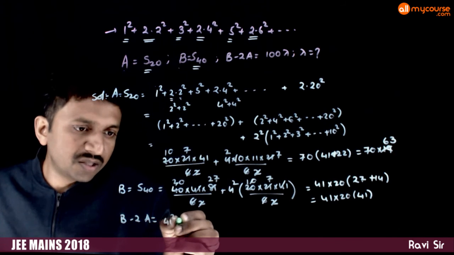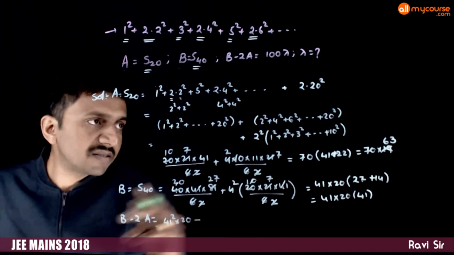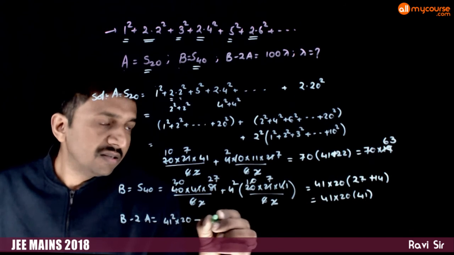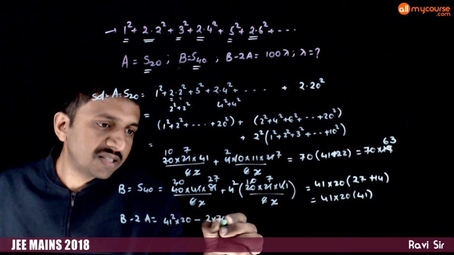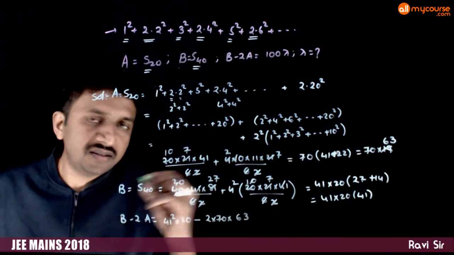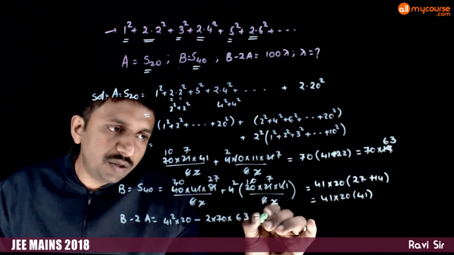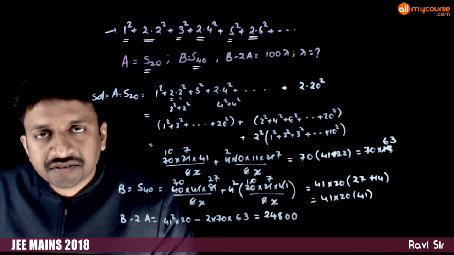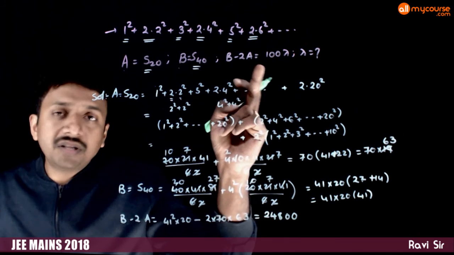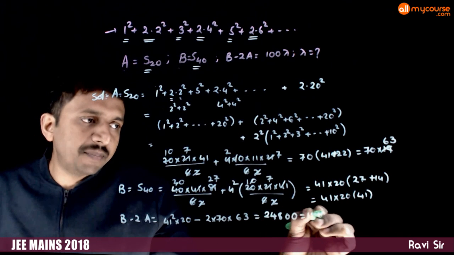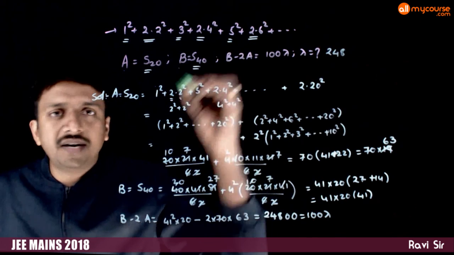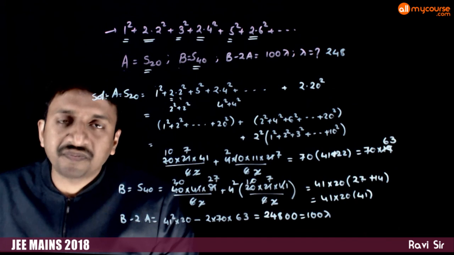That is 41 square times 20 minus 2 times A. So 2 times 70 times 63. If you do the calculations, it will turn out to be 248 hundreds. And according to the question, this is 100 lambda, hence lambda is equal to 248. That is the answer. Thank you.